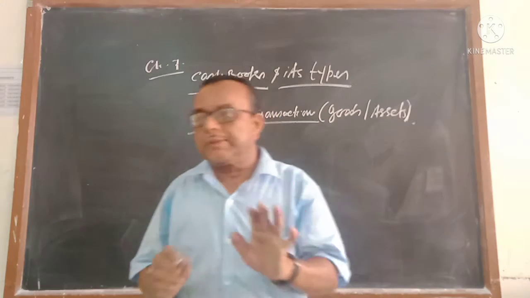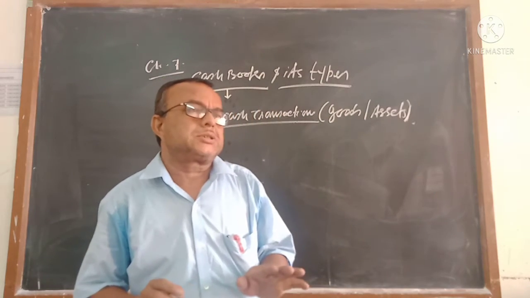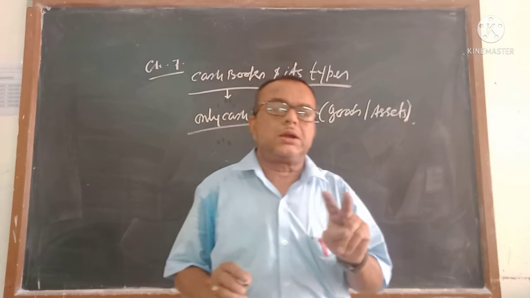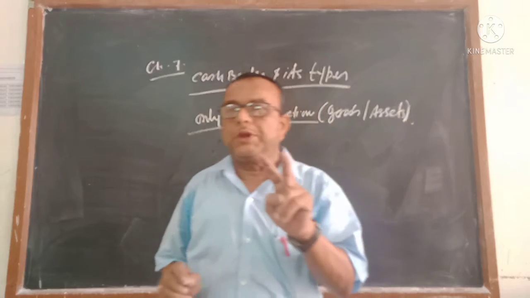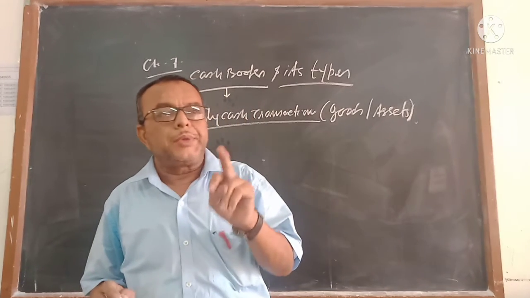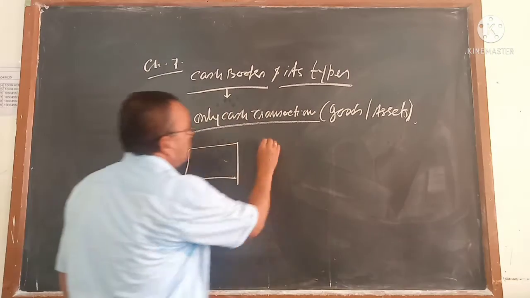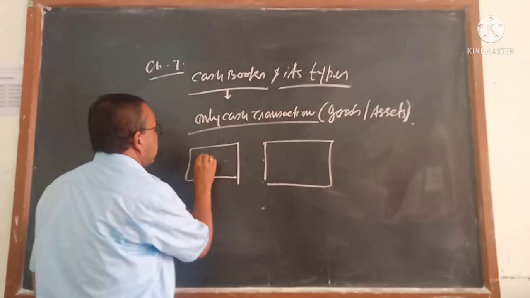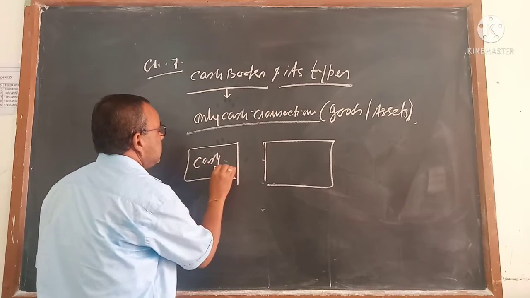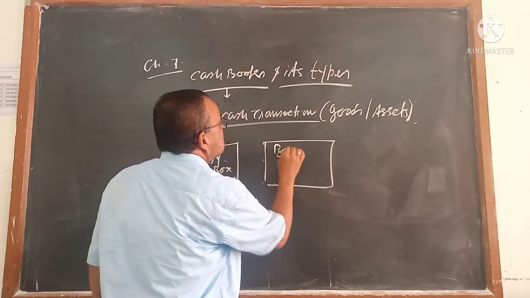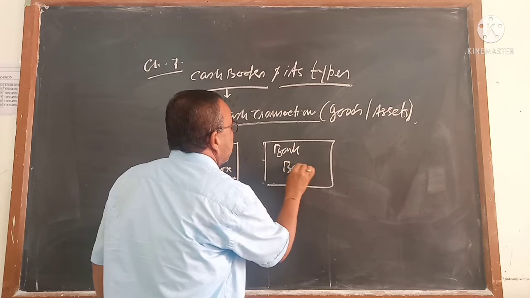The cash book will take only the cash transactions. A cash transaction may happen in 2 places. One, cash may come in or cash may go out. Suppose you have 2 boxes, one is called the cash box and the other the bank box. Bank box means bank account.